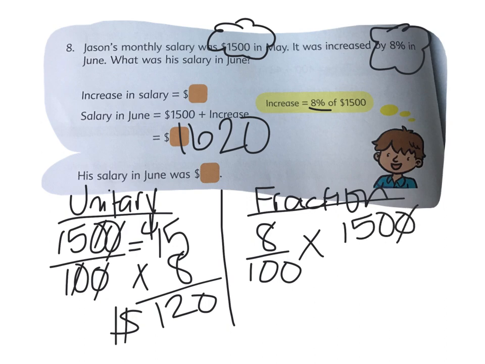So again, take off the 2 zeros. We have 8 times 15 over 1, which equals 120. So hopefully you can see the two different ways, the unitary way and the fraction way. The unitary way, we're going to find the unit of 1, and the fraction way, we're going to find the fraction of the percent.